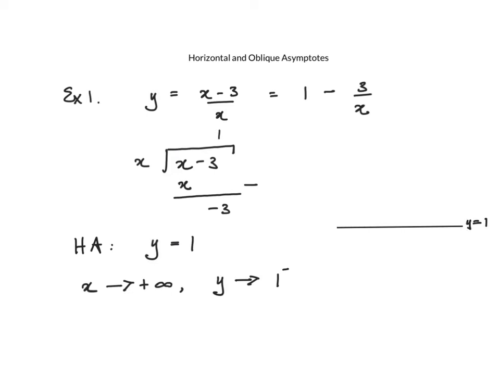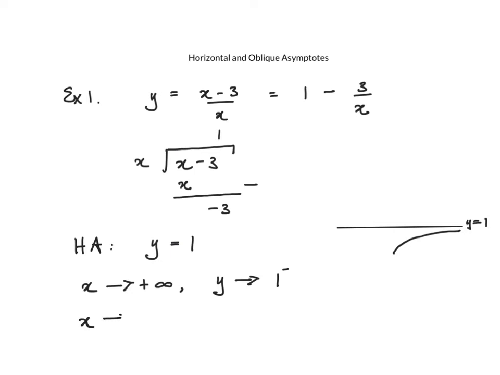So for very large positive values of x, which is to say x in this direction here, the function tends to 1 minus, which is to say the curve approaches y equals 1 from below.